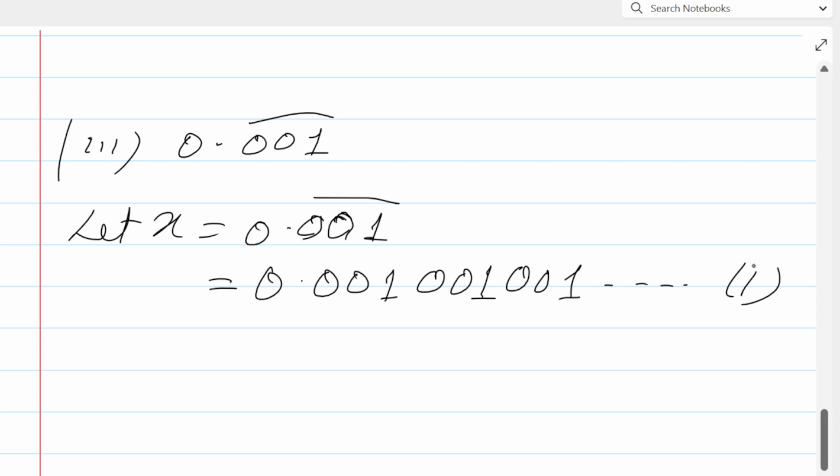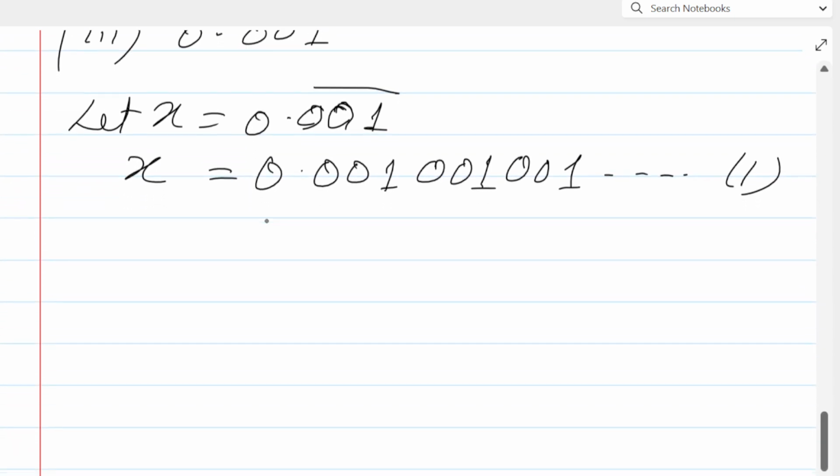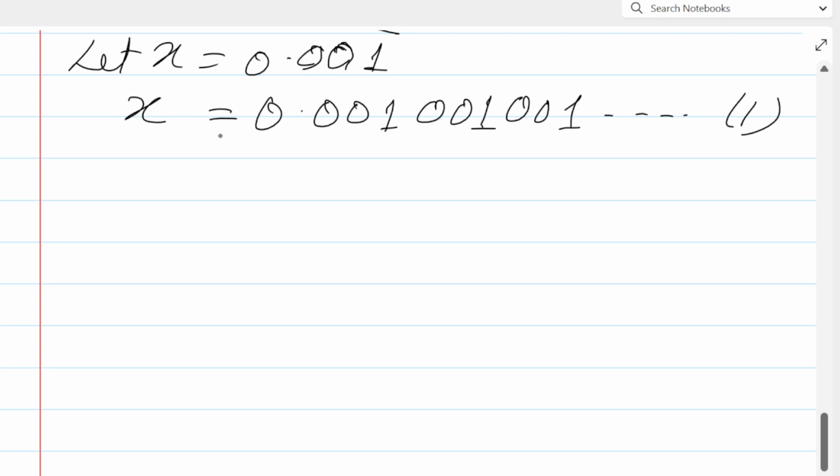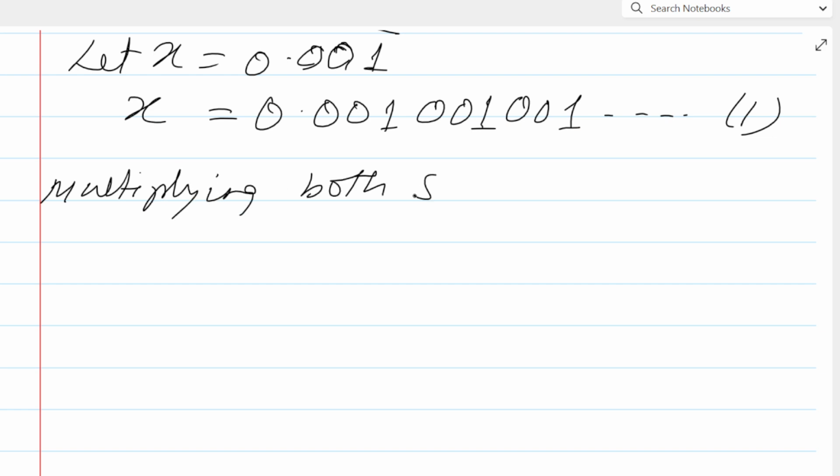This is my equation number 1. Here, multiplying both sides by how much? 1000, because 3 digits are repeating after the decimal point.